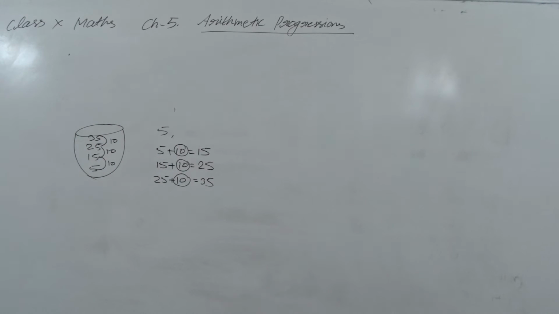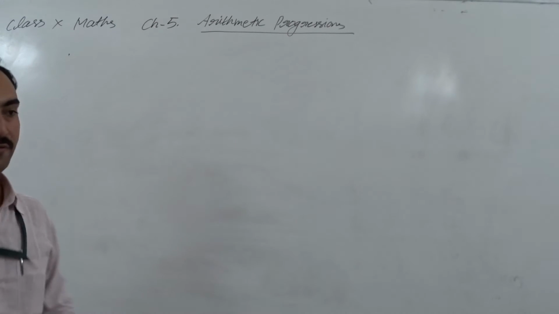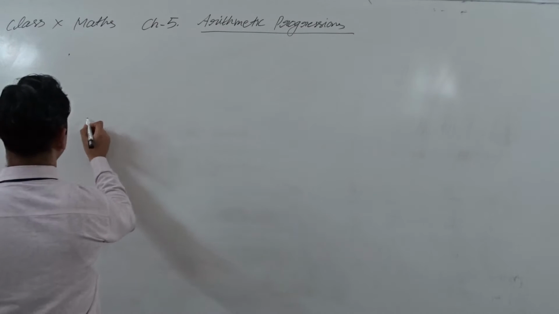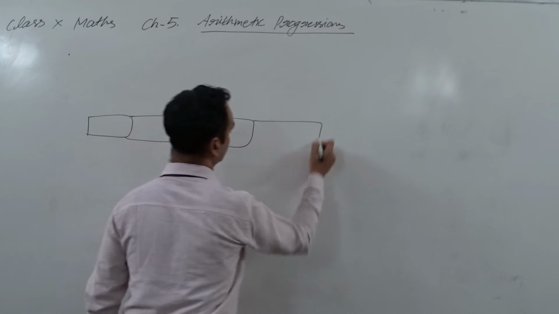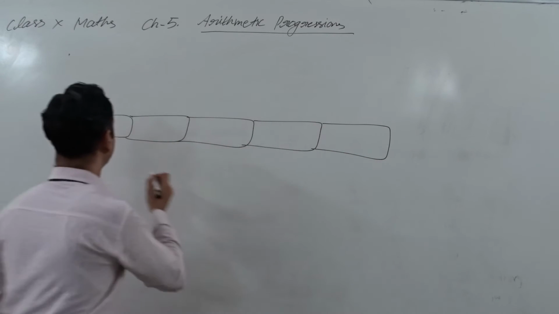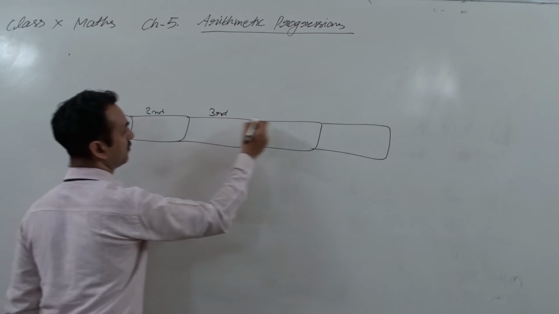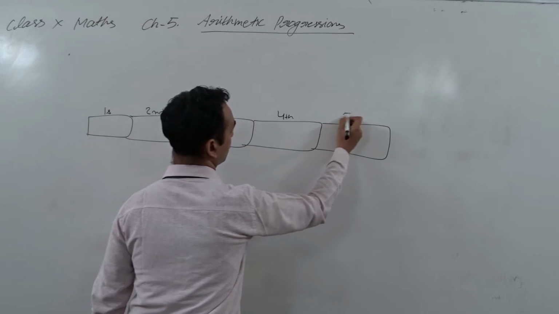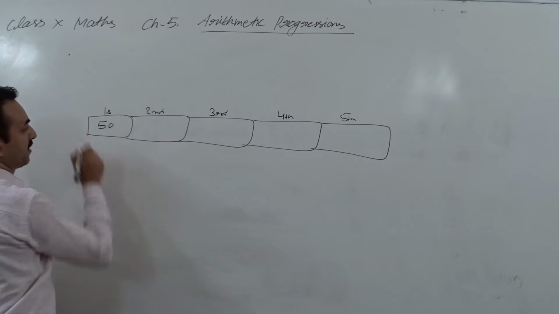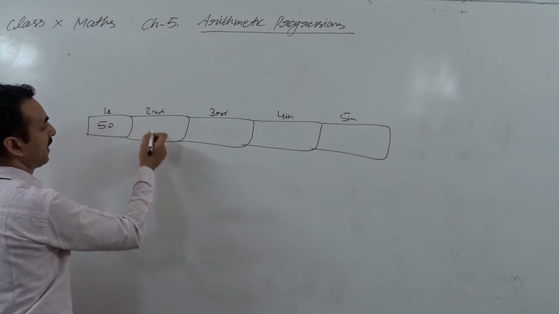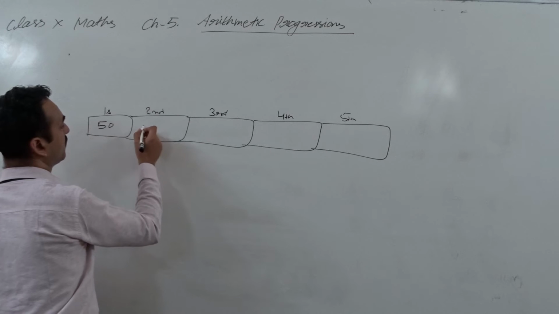Now we will understand the next example. Suppose there is a train. In this train, in the first, second, third, fourth, fifth compartments, suppose 50 passengers are sitting in the first, and in the next compartment there are 10 more.